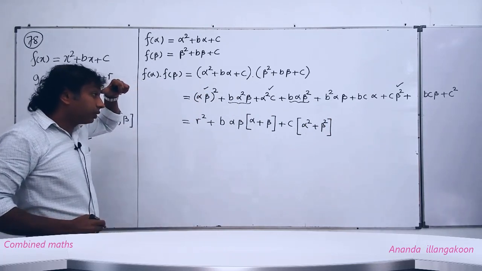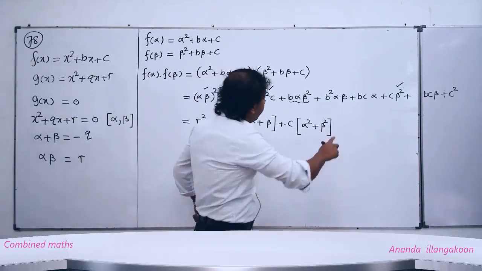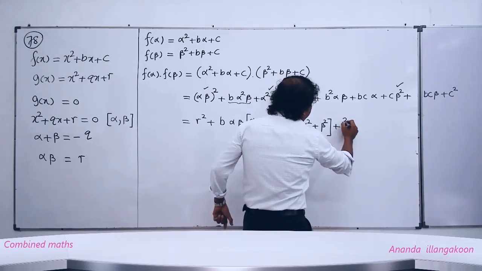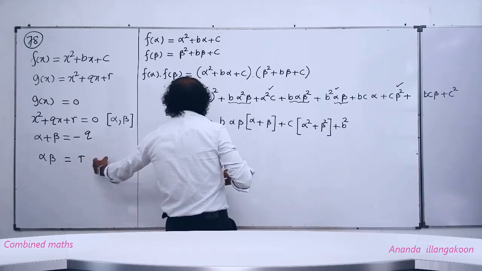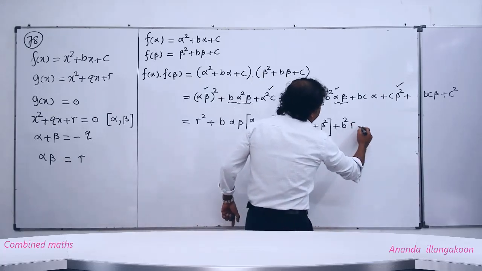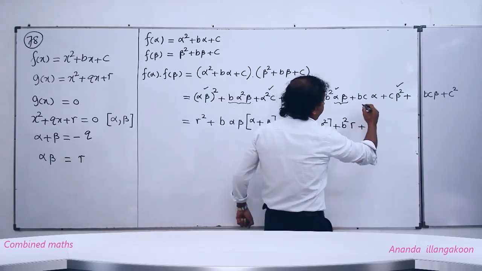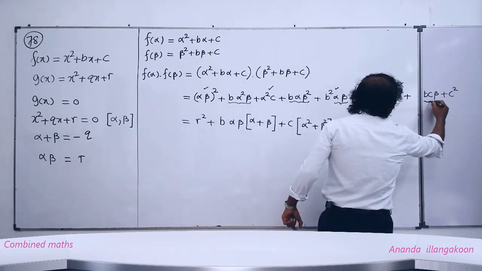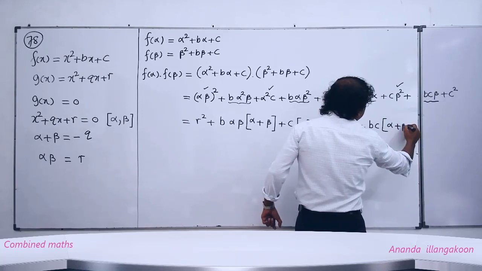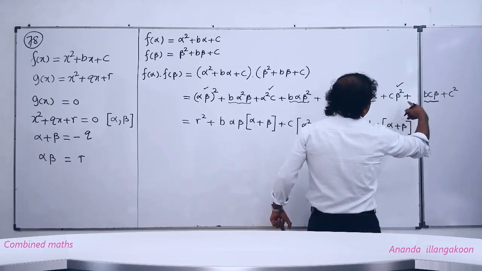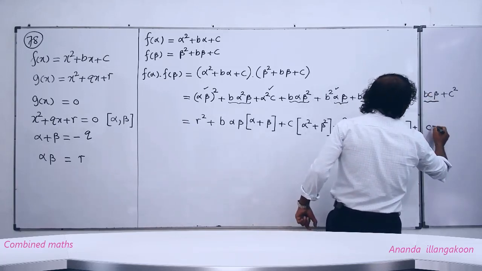What are the other terms? Here, b squared alpha beta. What is alpha beta? r. And here, bc alpha and bc beta. When you take bc out, we get alpha plus beta, and here plus c squared.